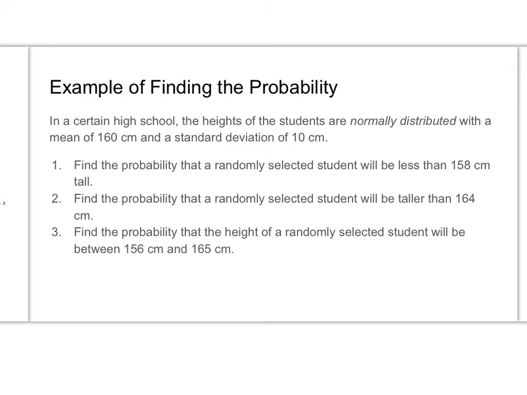If you look at the subject of the problem, we are considering the heights of the students, and the height of a student is measured and not counted. So clearly, this is not a problem on special discrete probability distributions.